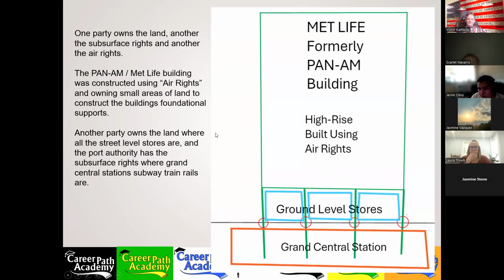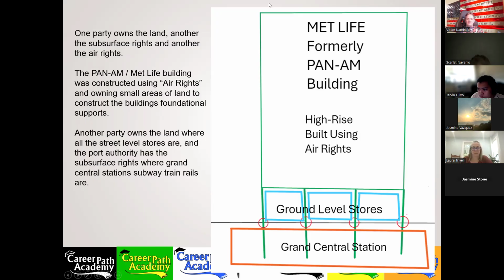Well, let's first describe this. In this area, you have the land itself, and there are actually 3 owners of the land, or 3 occupants, I should say. You have at the ground level a bunch of storefronts. Beneath that, you have Grand Central Station, the train station.